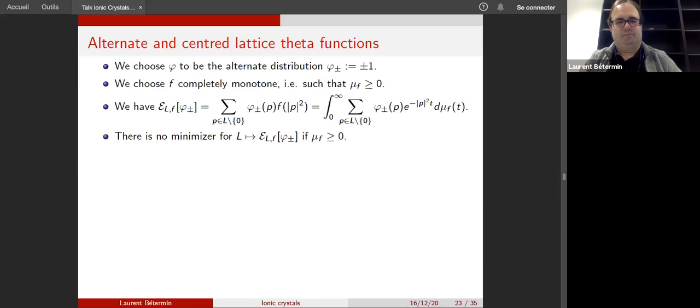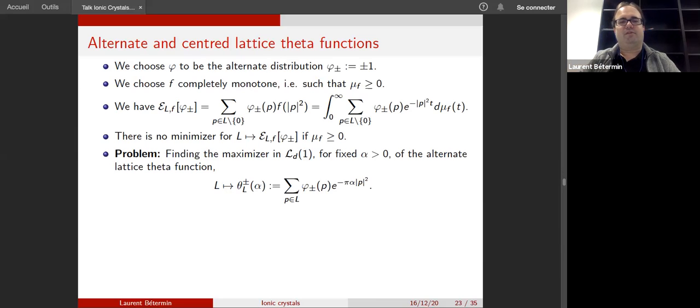And so the problem is now to find the maximizer of this theta function in the set of lattices with density 1. If you know how to do it for this alternating theta function, with alternation of charge and Gaussian interaction, you will know more for any completely monotone function. So that's a kind of universal optimality that you are looking for.